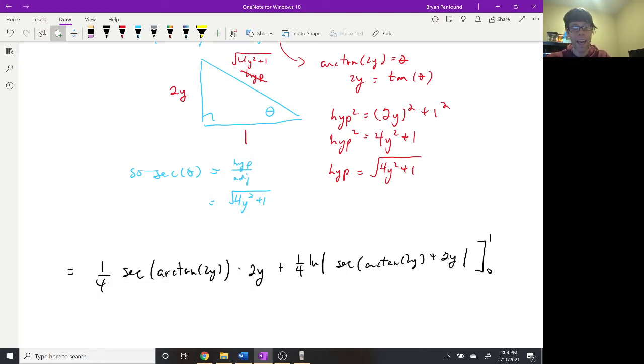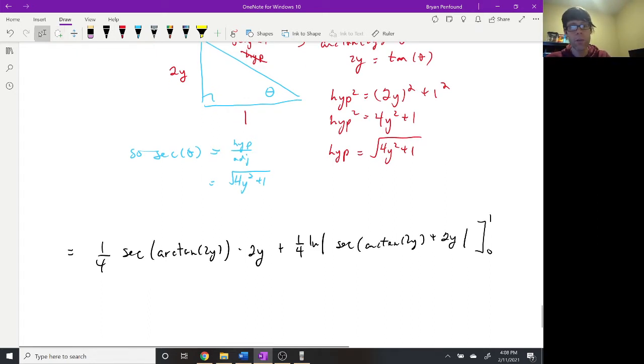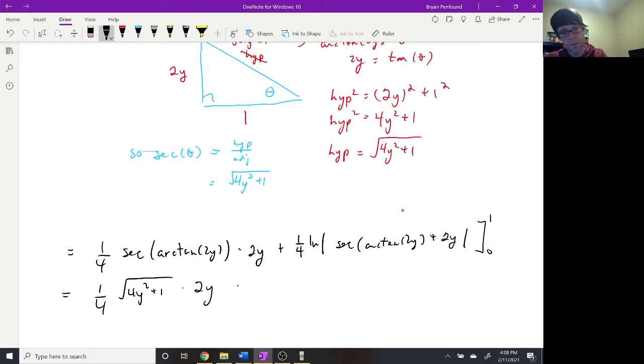Everywhere we see secant theta, or secant of arctan 2y, we're going to put in the square root of 4y squared plus 1. So this simplifies to the square root of 4y squared plus 1, then multiplied by 2y, plus 1/4 logarithm of secant of theta again right here, which simplifies to the square root of 4y squared plus 1. And then we have a plus 2y here at the end.